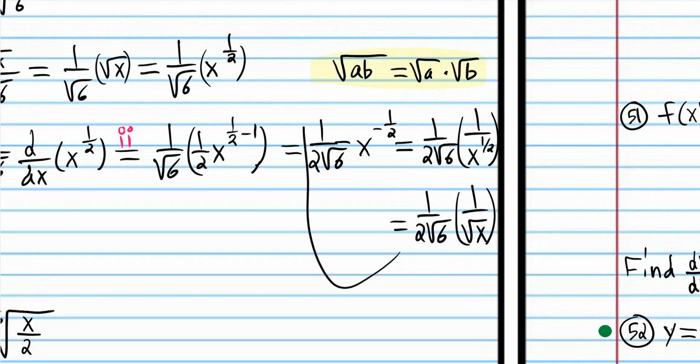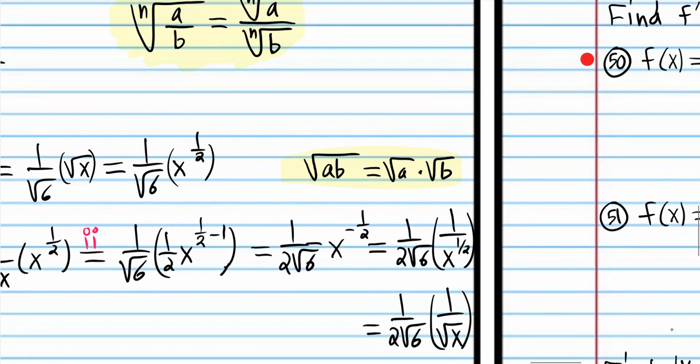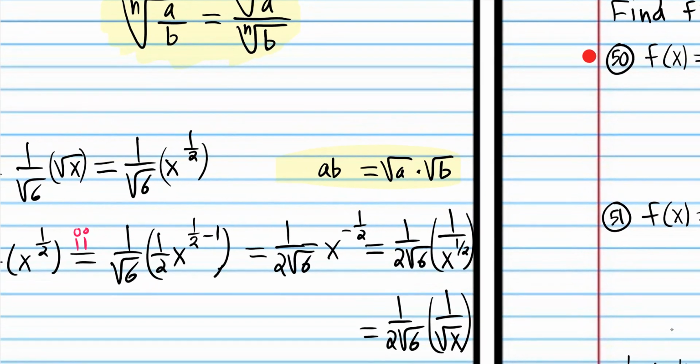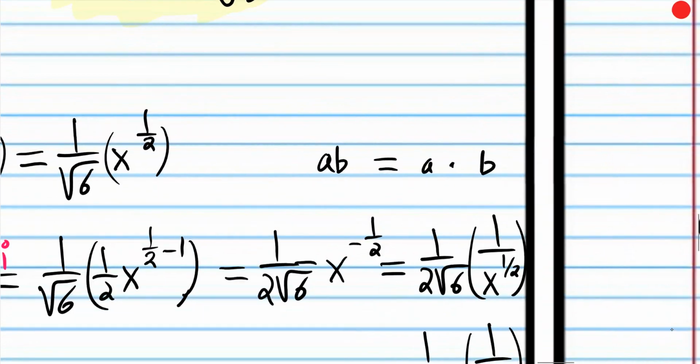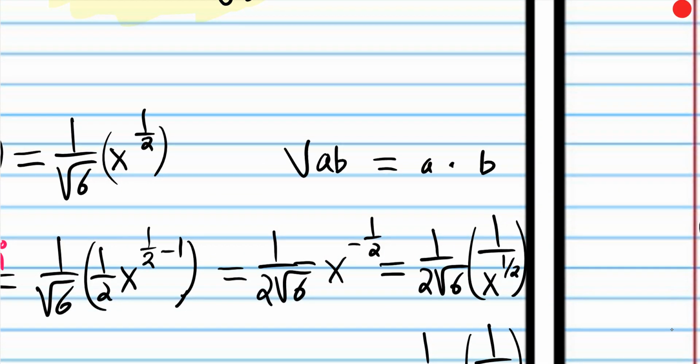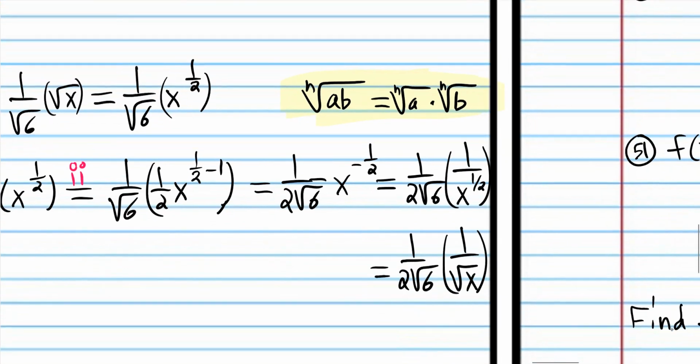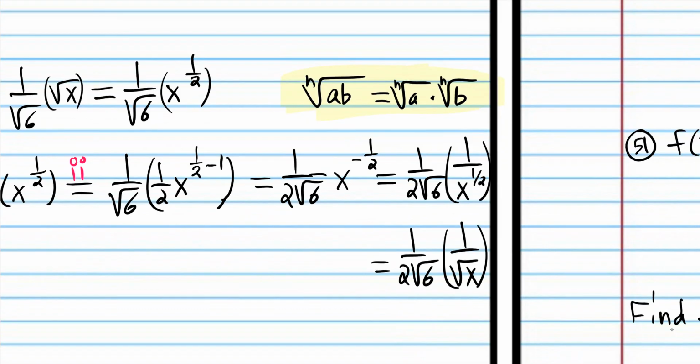Now remember this formula up here. We can reverse the order and combine to 1 square root. Actually, I should write that principle works for any roots. So nth root, nth root, nth root. Works for any root. Did I say square root?